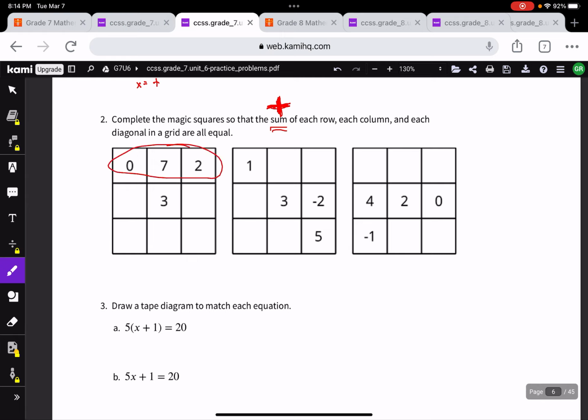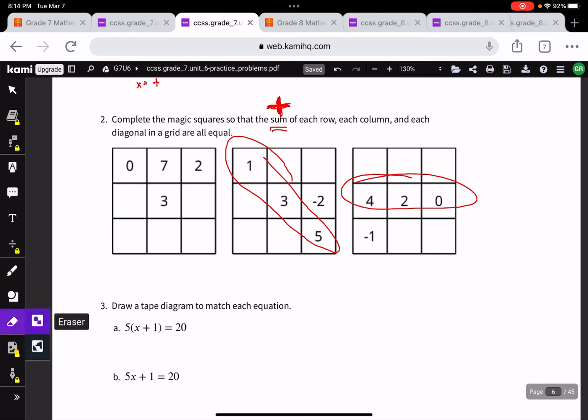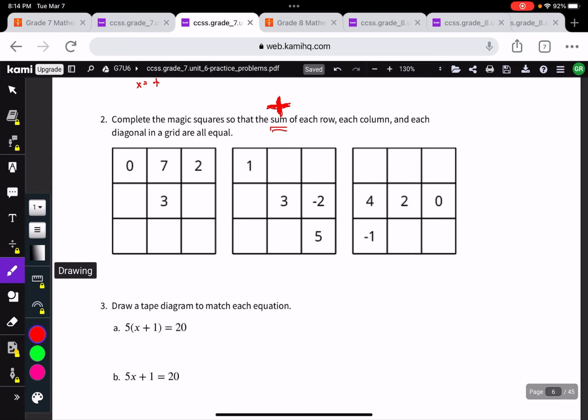This means everything's going to equal 9. Here, it looks like everything's going to equal 9 as well. But apparently this one is just 6. So we want them to all equal 6. And the way you do these, guys, is you plug in a number and it works, and then you have to move it around and you're like, whoops, I got to move that number there. Oops, I got to move that number there.